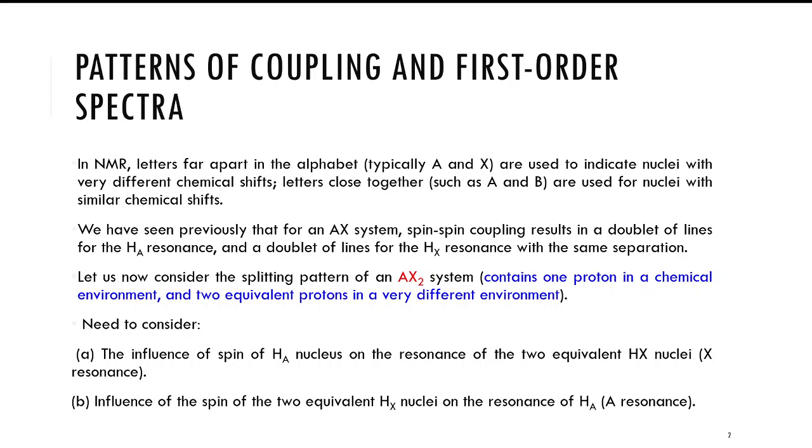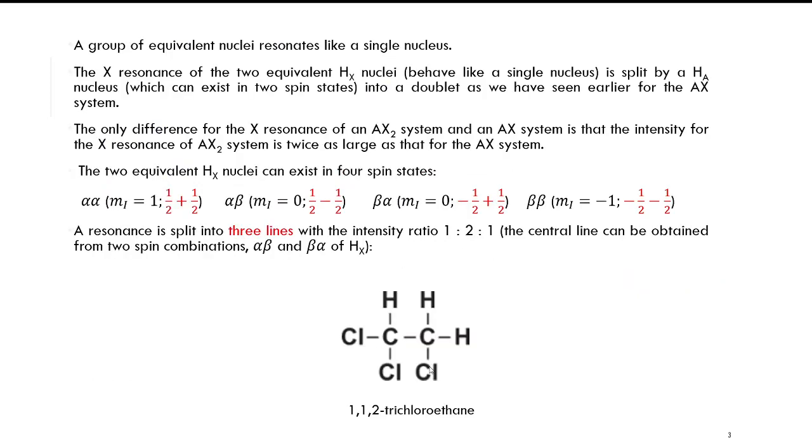So you have two protons in one environment, two equivalent protons. Clearly, what you need to consider is the influence of the spin of the A nucleus on the resonance of the two equivalent HX and vice versa. We're not going to look at the energy diagram now, so we can sort of imagine.